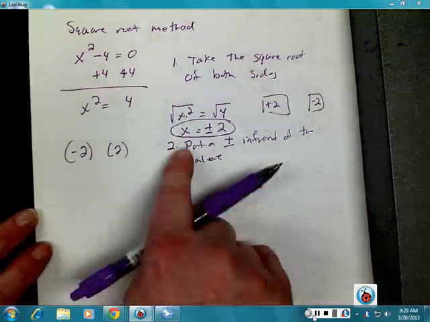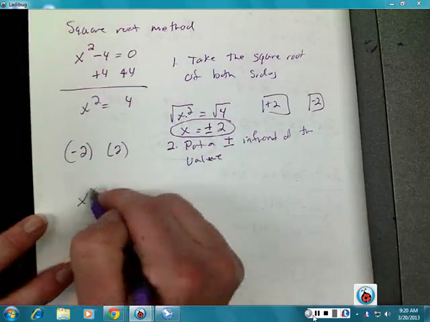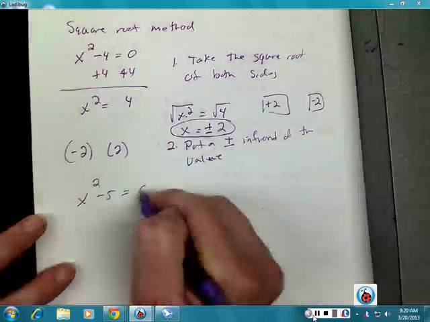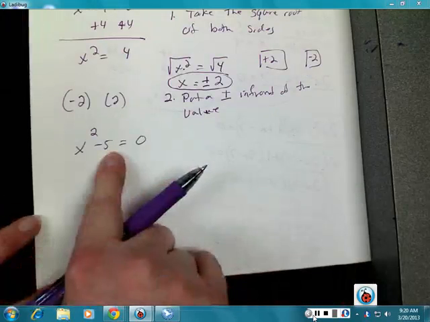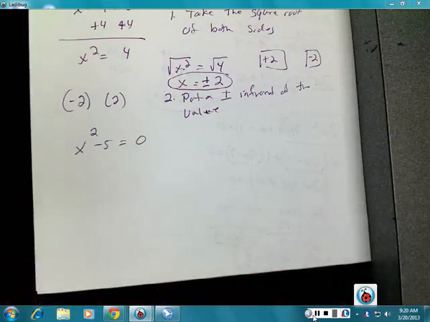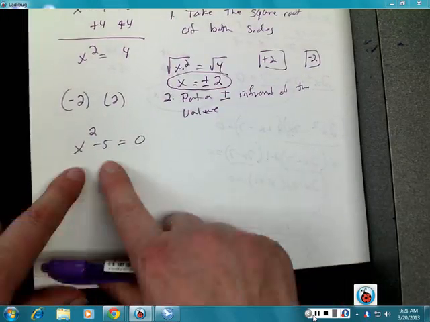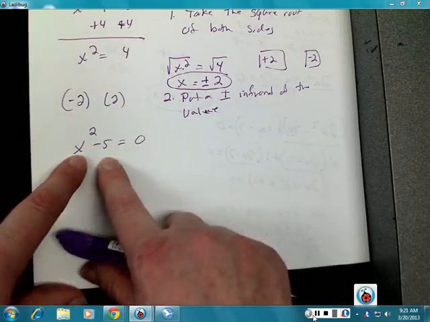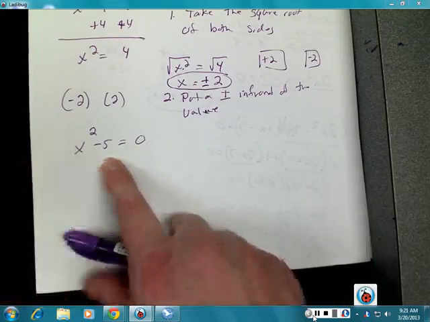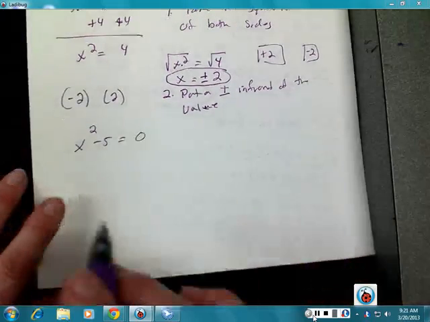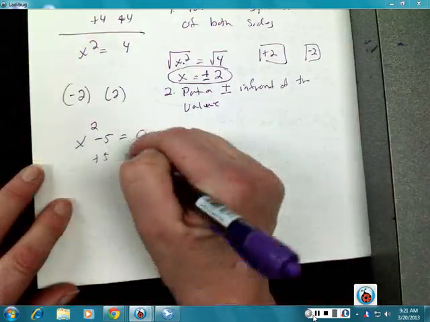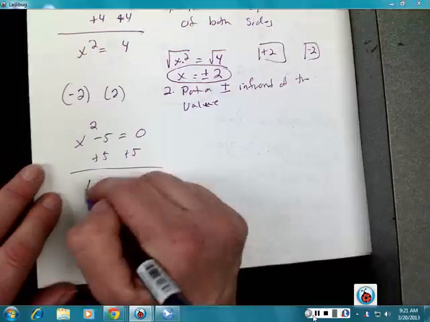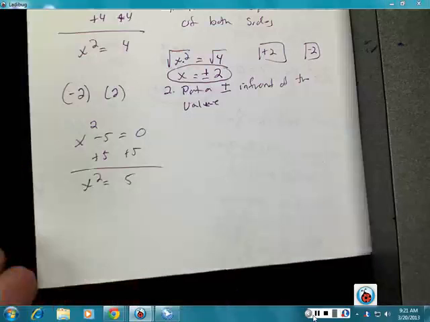The ones that get kind of strange with this are when you have x squared minus 5 equals 0. Can I factor that? Well, when I look at it, it's not perfect squares. So way back when we were in Chapter 6, we would say not factorable. But we're adding more things to your toolbox, so we are going to add 5 to both sides and get x squared equals 5.